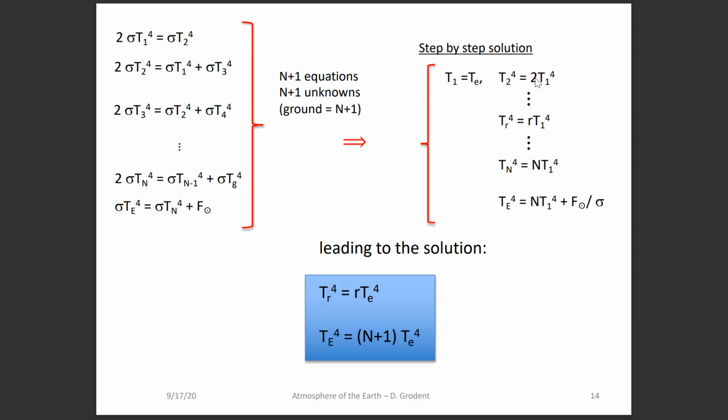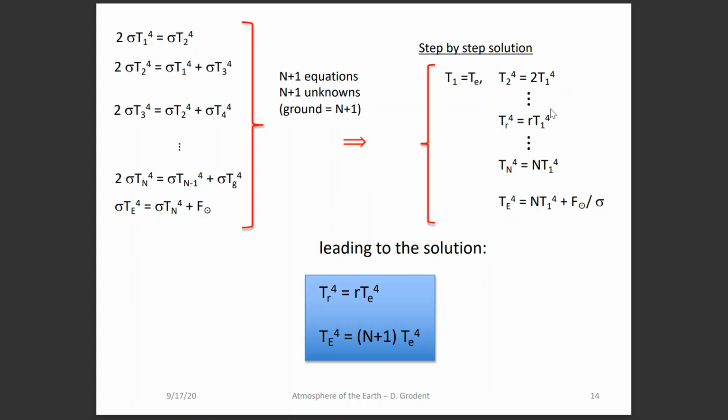T2 to the power 4 is 2 times T1 to the power 4, so there is a factor. So we cannot say that T2 is 2 times T1. It's not true because there is this power of 4 here. So T2 is 2 to the power 1/4 times T1.